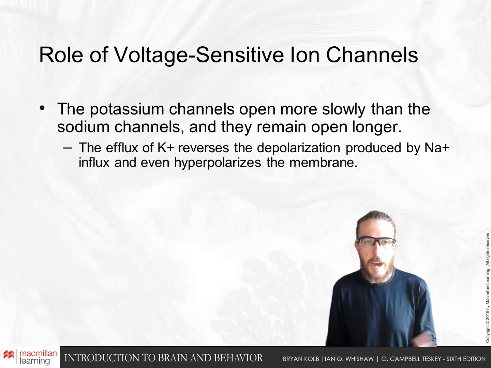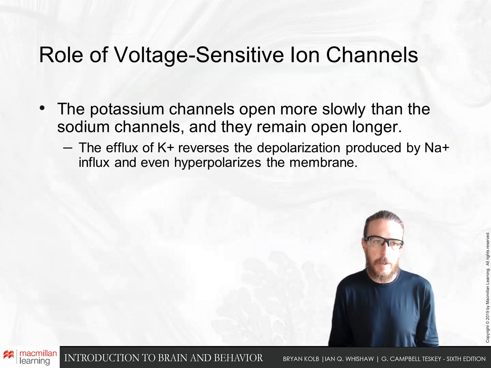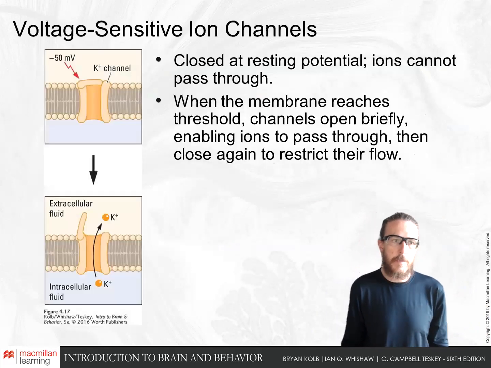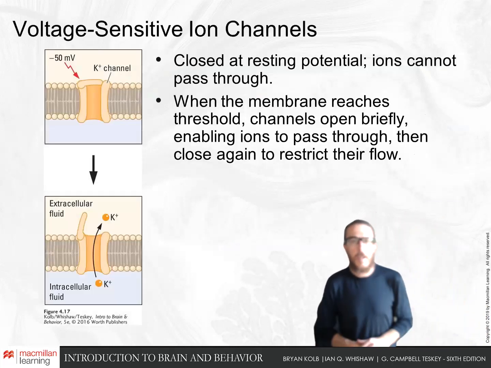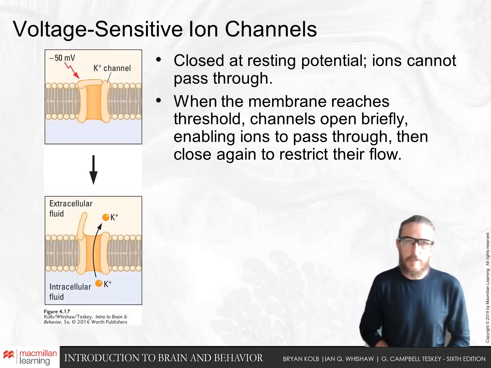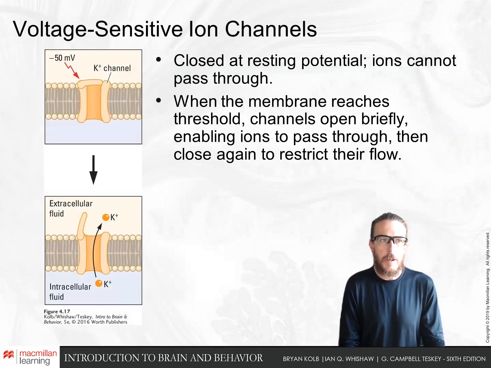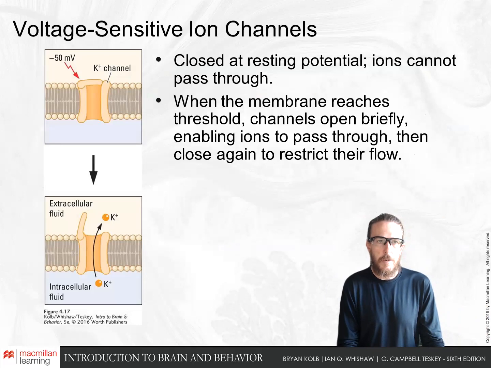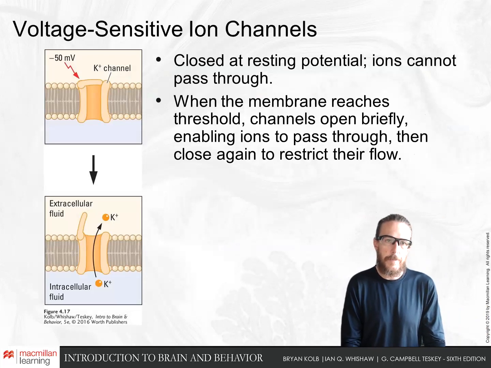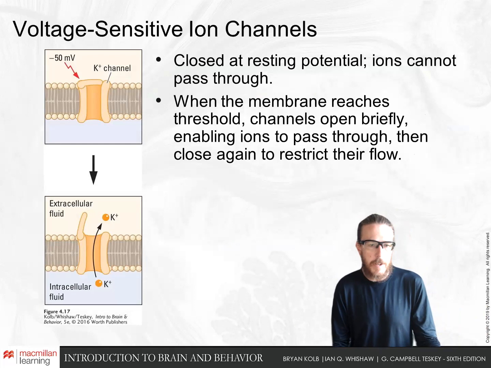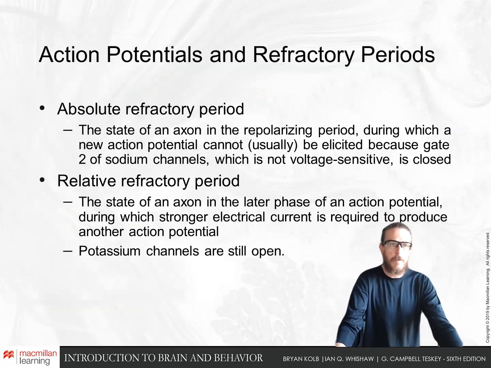And they even counteract the depolarization by hyperpolarizing the neuron for a brief period of time. We talked about these voltage sensitive channels not allowing any potassium or sodium through unless they get activated by particular resting membrane voltage.